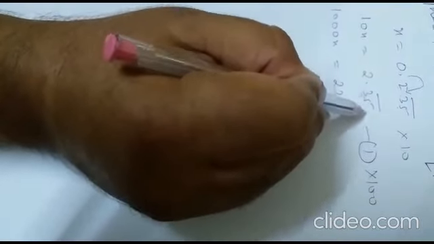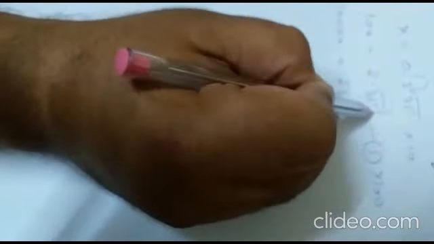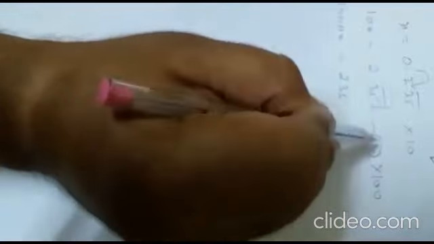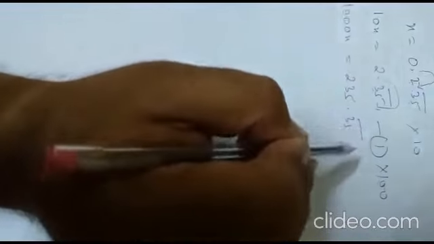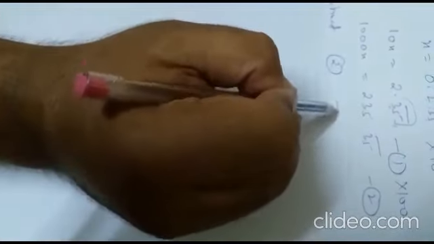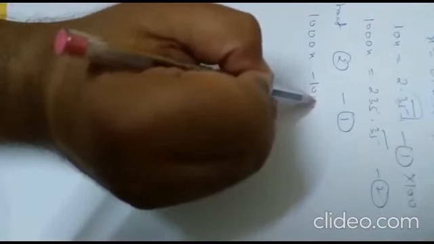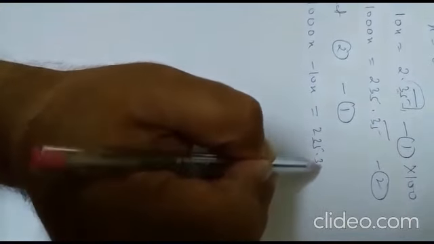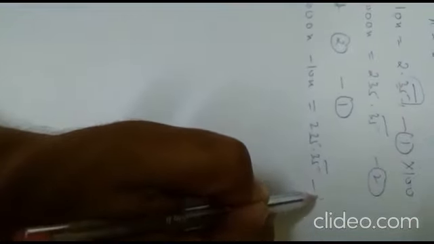Bar means 353535, so here it is a decimal shift. This is equation 2. Subtract 2 minus 1. So 1000x minus 10x is equal to 235.35 bar minus 2.35 bar.